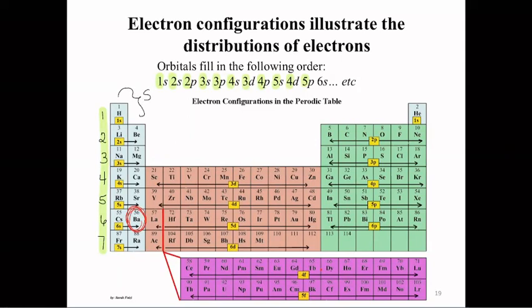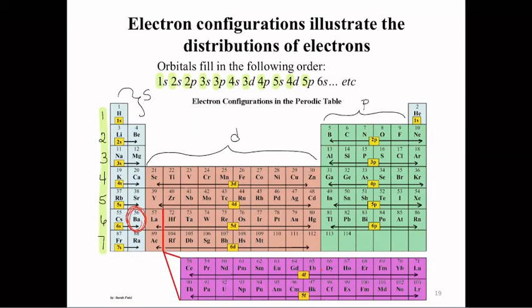Right here in this peach color is where the d orbital electrons are, and you can see it there: 3d, 4d, 5d, 6d. And then from boron to neon, that area where we have metalloids, very few metals, and non-metals, is where we have the p orbitals.